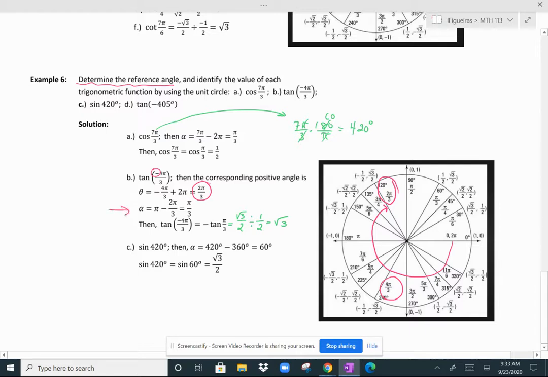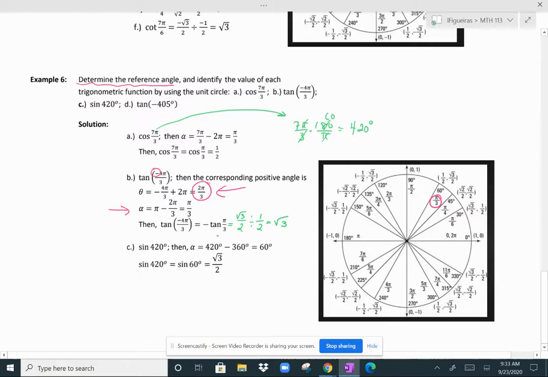Your reference angle will be pi minus 2 pi over 3. So I have a reference angle of pi over 3, which is again in quadrant 1. So pi over 3 is here. Okay, but tangent in quadrant 2, which is where negative 4 pi over 3 is, is negative.